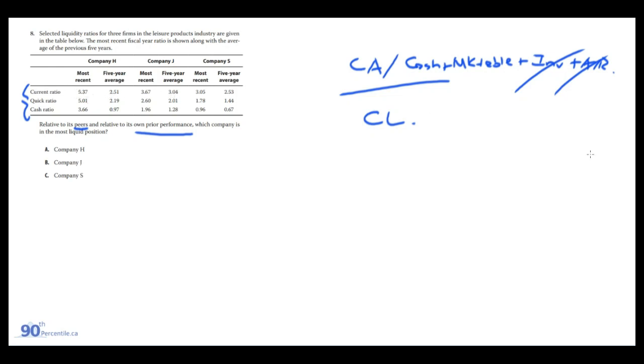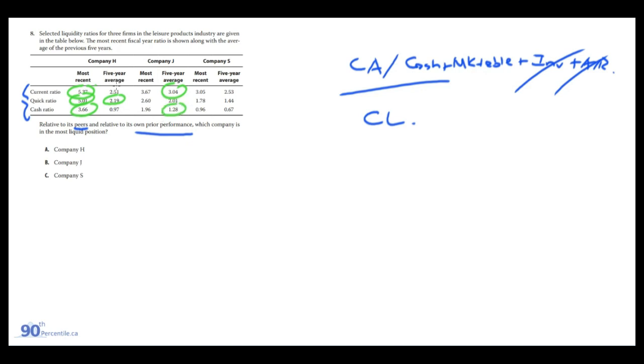So let's just do this actually. Let's circle the highest one. So company H, most recent, is the highest. 5-year average, company J is the highest. Quick ratio, company H is the highest. 5-year average, company H is the highest as well. Cash ratio, for the most recent, company H is the highest, and 5-year average, company J is the highest.